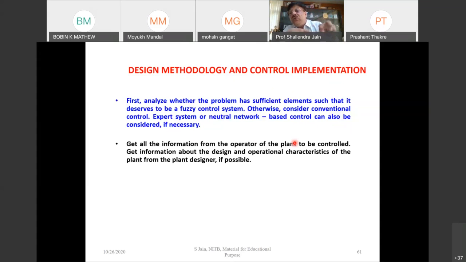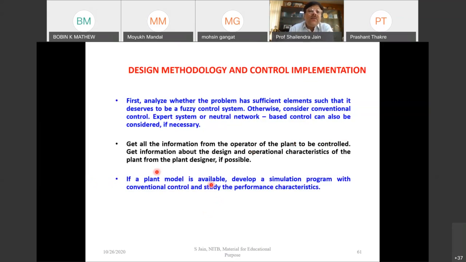How do they collect this sample? Based on the geography, the area, the age group of the people, the gender, the caste, and several others. They collect the sample and then come to a final decision, saying this will be the outcome. So similarly, in case of control, you have to collect the information from the plant.